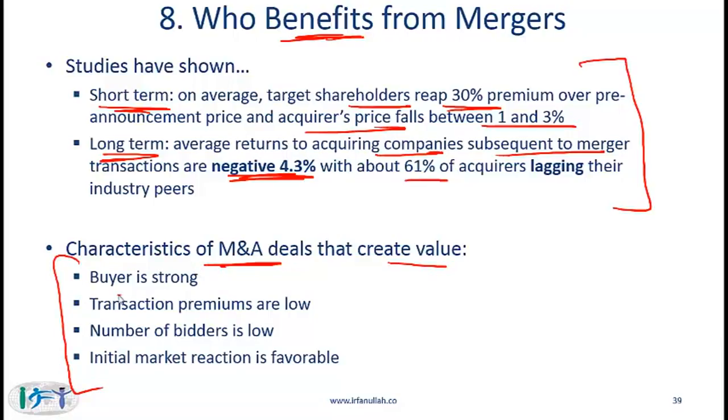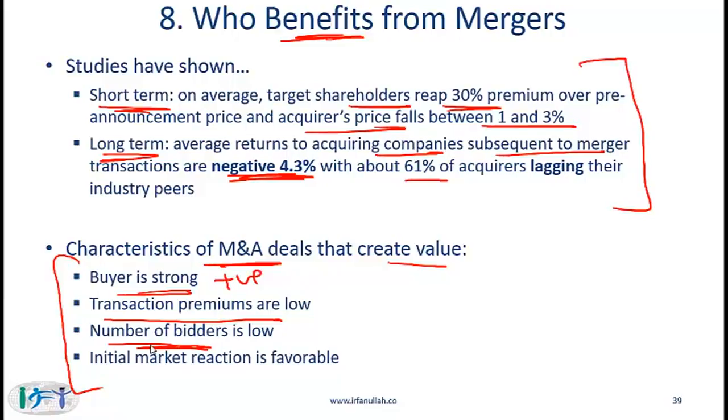If the buyer is strong, then that is a positive. Transaction premiums are low. That means that the acquirer is not overpaying. Related to that is relatively low number of bidders. If there is a high number of bidders, then what will happen?